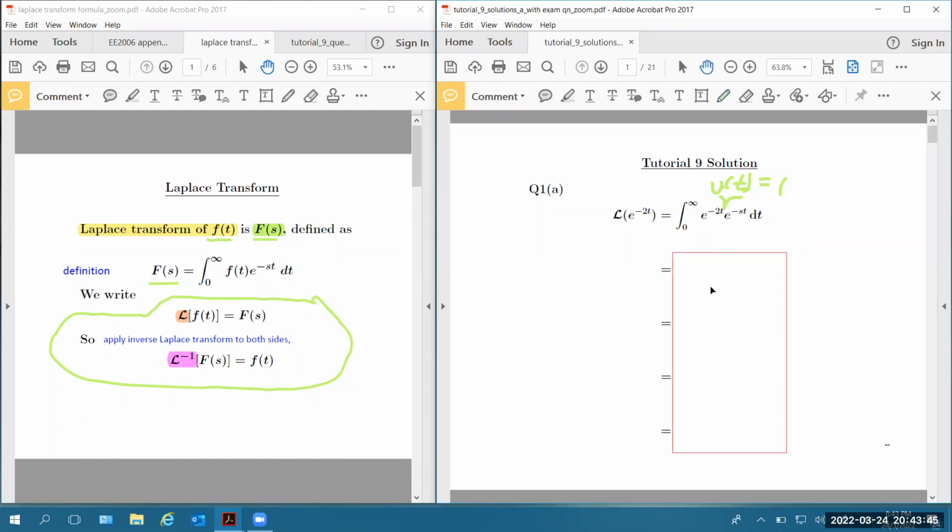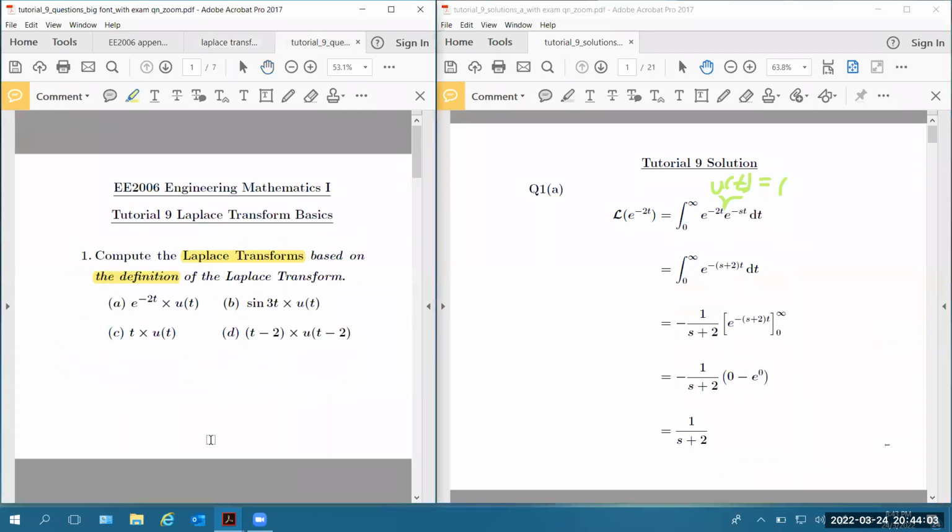Okay, so now let's do this integration. This one you all know how to integrate, right? I just combine, then integrate with respect to t, and put in the limits. Then you get to here. The next one is sine 3t u(t).